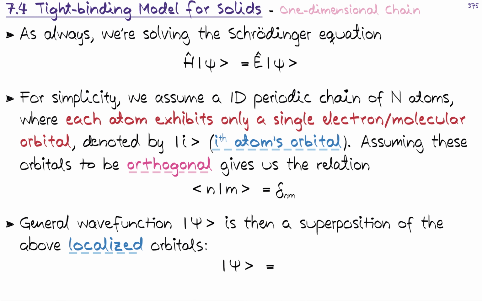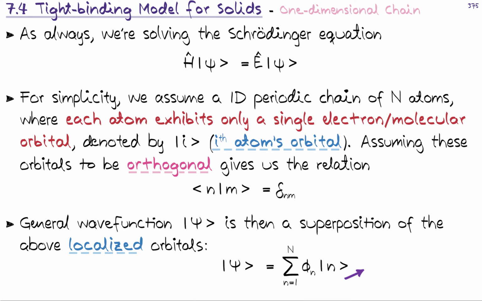So mathematically, what I'm trying to say here is that this general wave function psi is a superposition, a summation over all of these nth atoms' orbitals, and we have this phi n giving us a kind of weight or a coefficient of how much influence we have for this given orbital here.